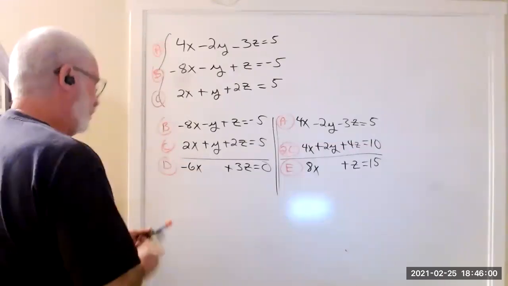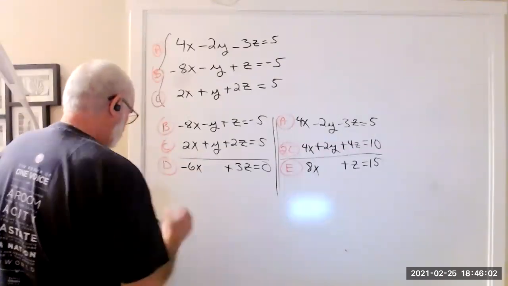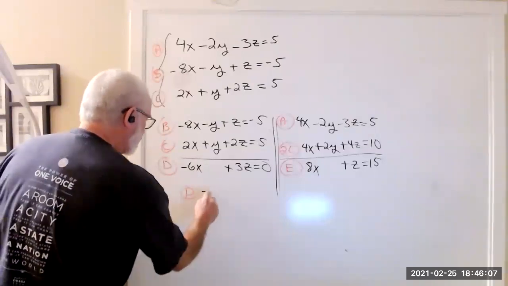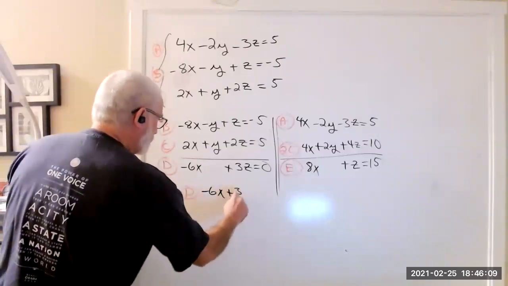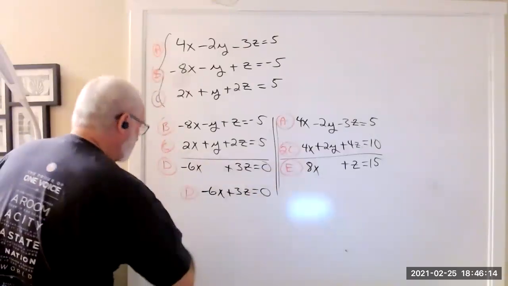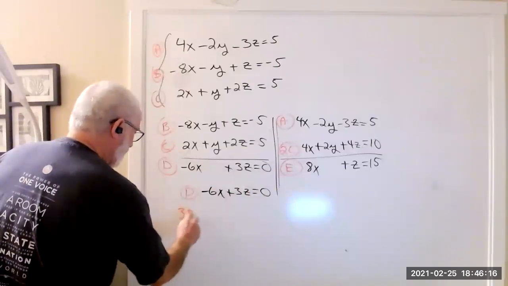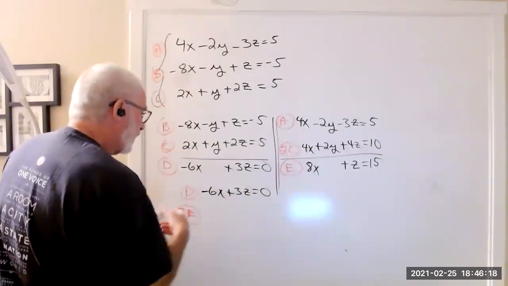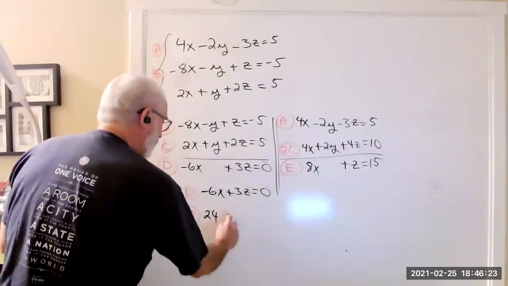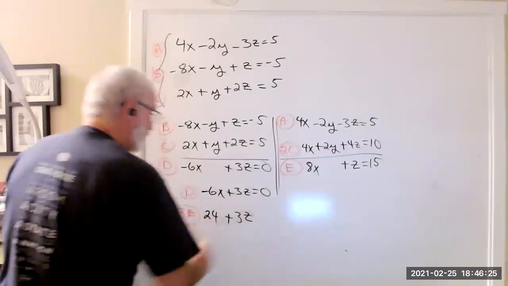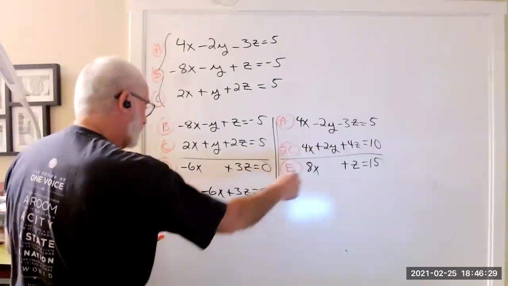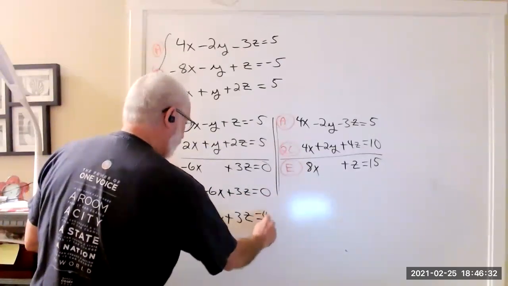All right. So we take D, and I'm going to leave it alone as negative 6x plus 3z equals 0. And I'm going to go for 3 times E. 3E would give me 24x, 3 times 8 is 24, plus 3z equals 45.